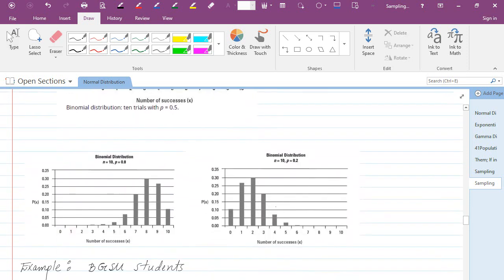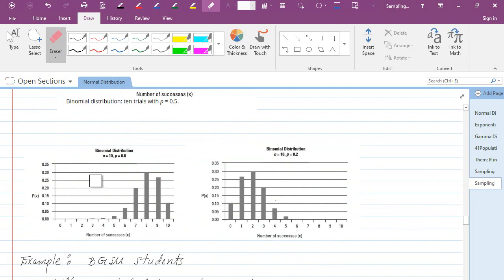Here are 2 others. In this one, the only thing that I changed is that p is now 0.8, and notice the shape of the histogram here.